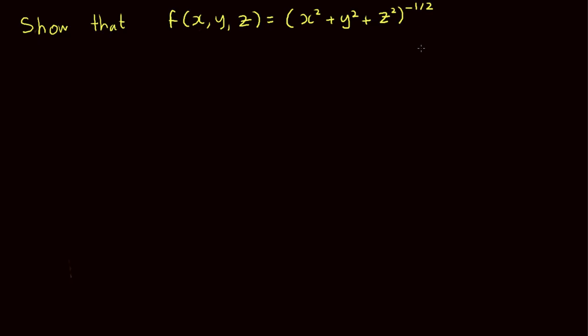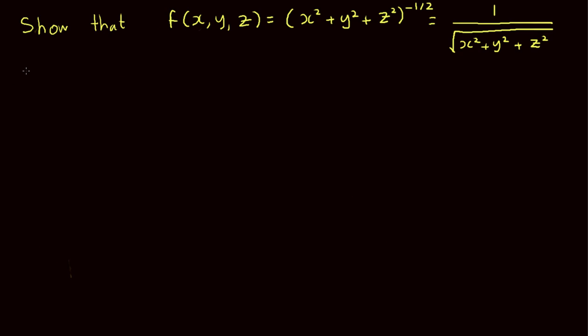So remember negative half, we can also write it like this, it's just simply 1 over the square root. Remember that the power of half always refers to the square root. So it's just x squared plus y squared plus z squared, right?